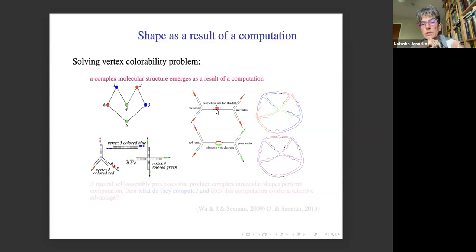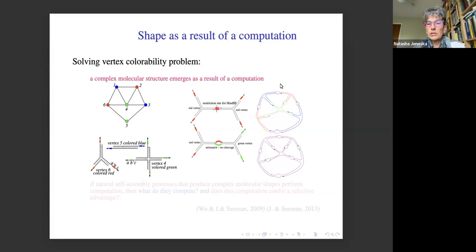The enzyme recognizes this structure and cuts the molecule. However, when two vertices join together with different colors, not necessarily opposite, then there's a bubble because these sequences are not complementary to each other. They don't form a double helical structure, but there's a small bubble in the middle. The enzyme cannot recognize that structure and just doesn't cleave.